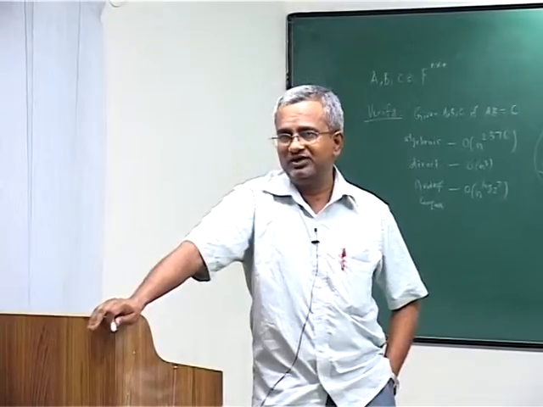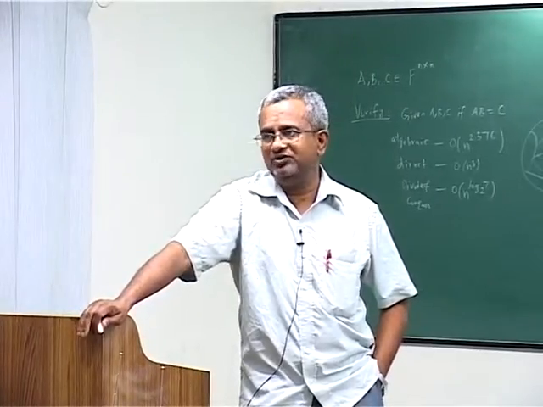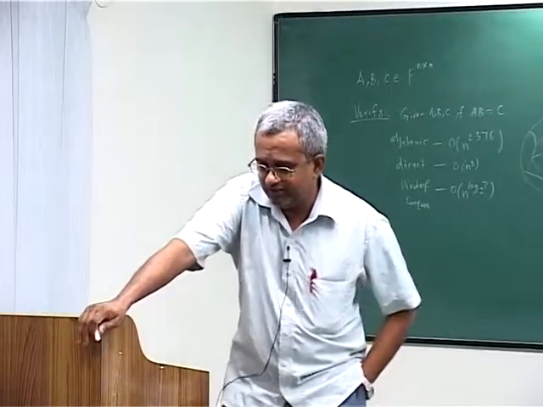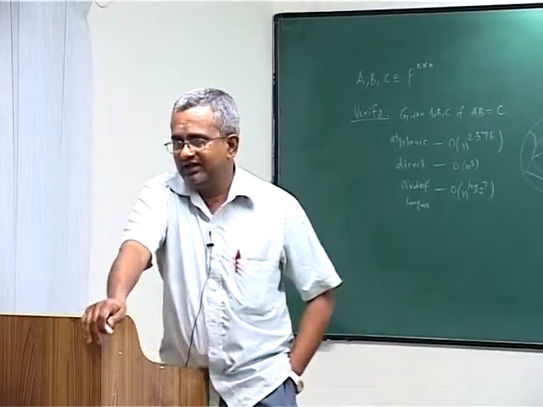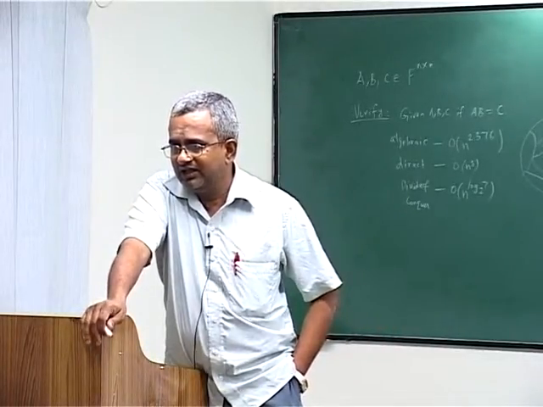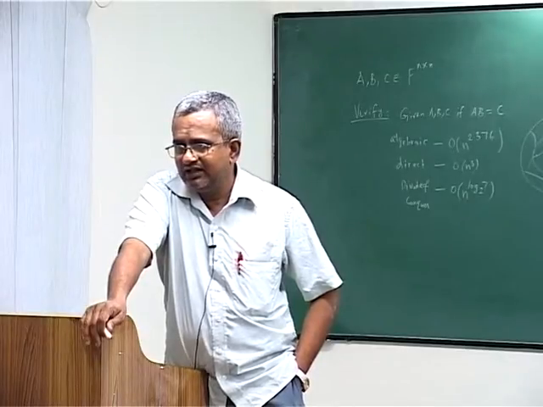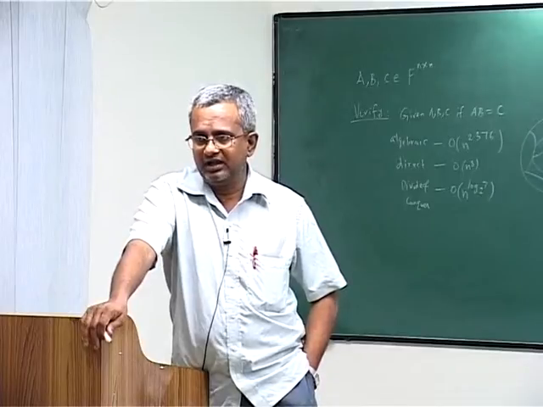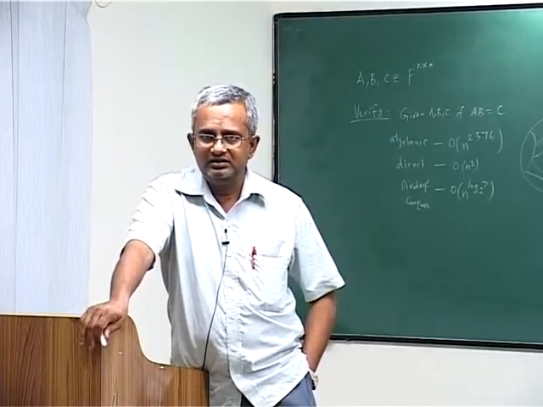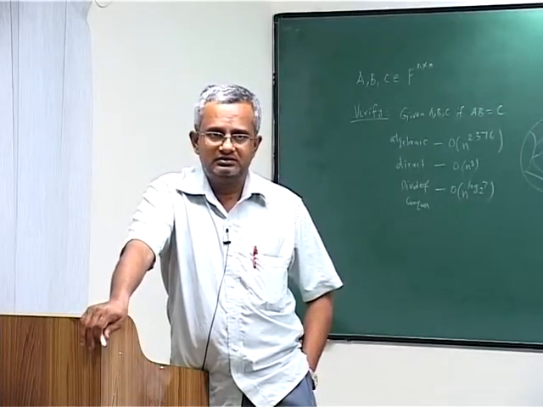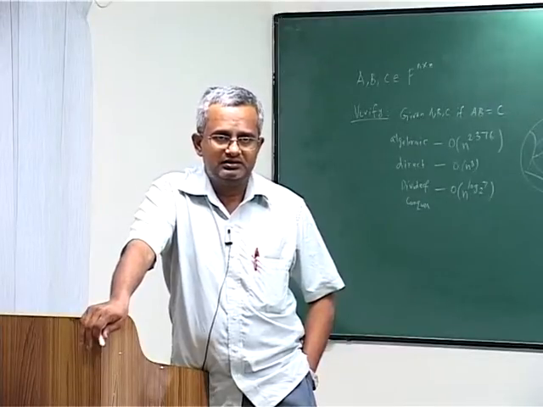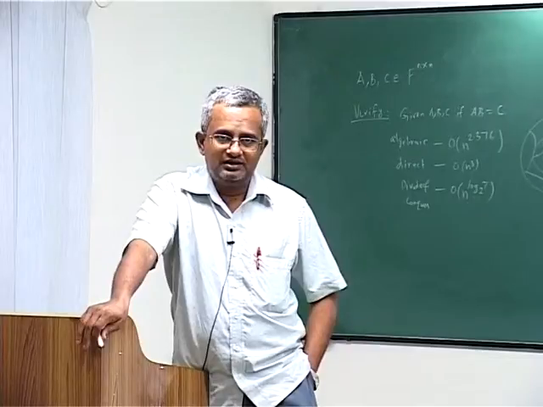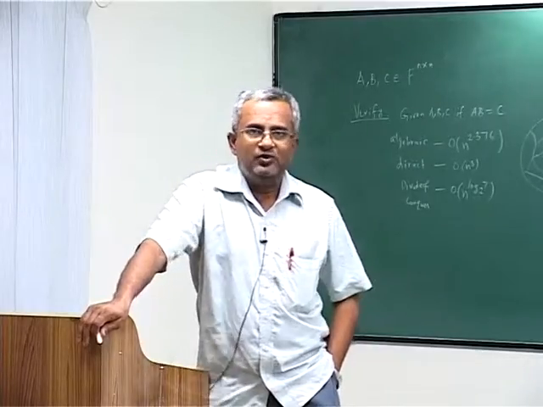A majority is one which occurs more than n by 2 times. Sorry, I am comparing it only with n by 2 plus 1 elements. Okay, one can do this.